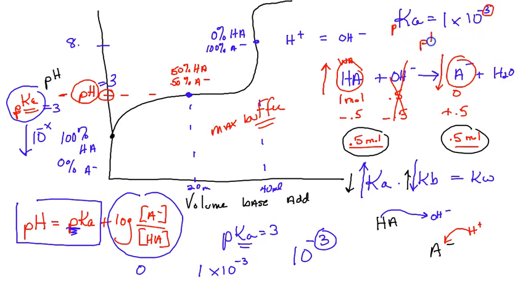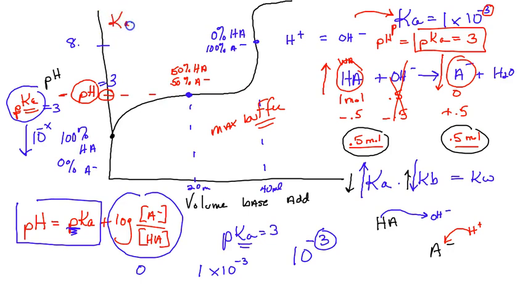The pKa, negative log, is equal to 3, for the same reason the pH would be 3 if the H plus concentration was that. And what does that tell me? It tells me the acid that produces this Ka would have a good buffer region around a pH of 3, because I have a max buffer position there.